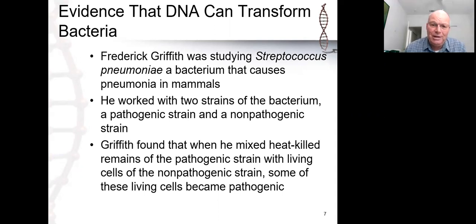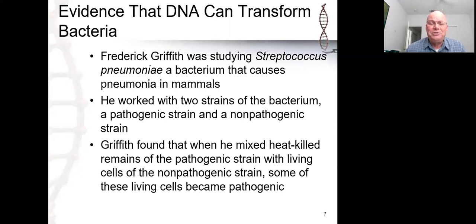One is a pathogenic strain, otherwise known as the S strain or smooth strain, because it produces a coat material made out of some very toxic substances called lipopolysaccharides that protect the cell from the immune system of the host, whether it be something like a rat or a mouse, because this bacterium causes pneumonia in all mammals, including humans.